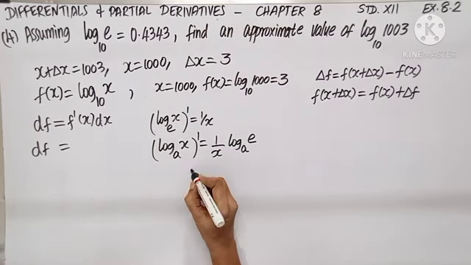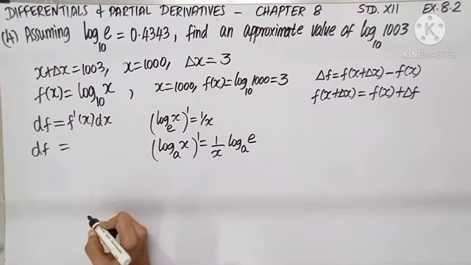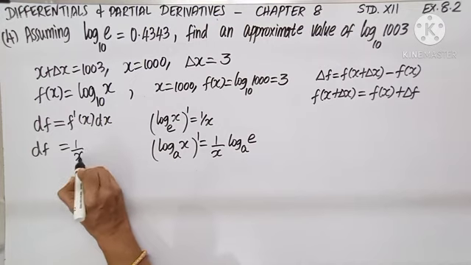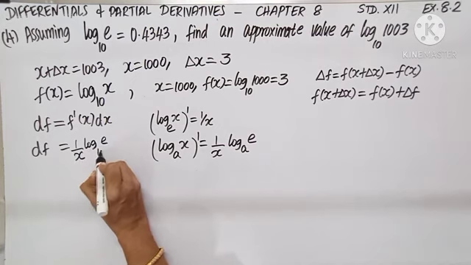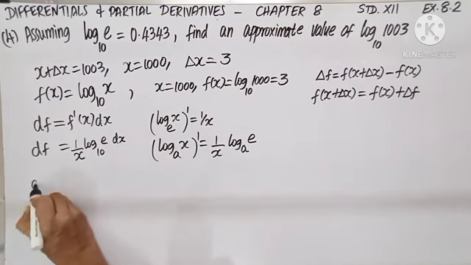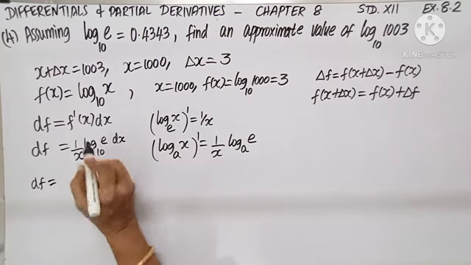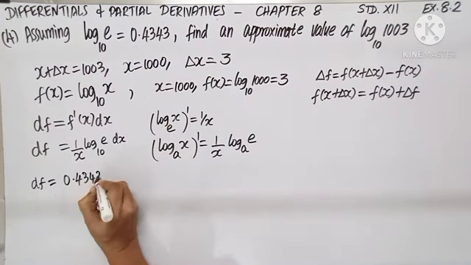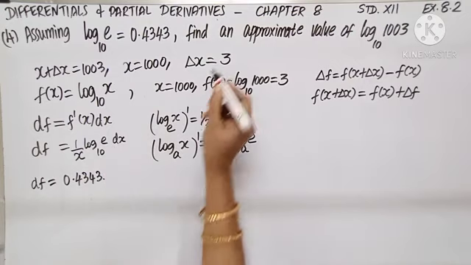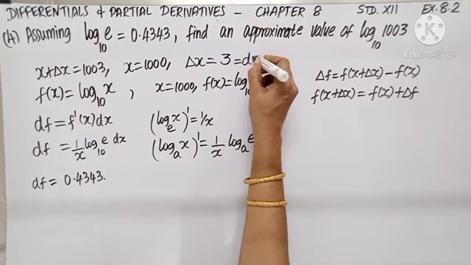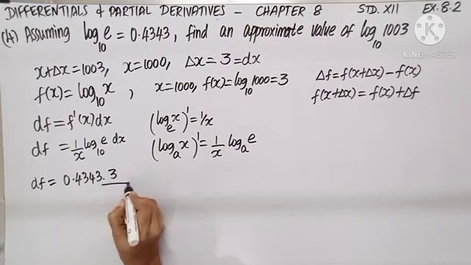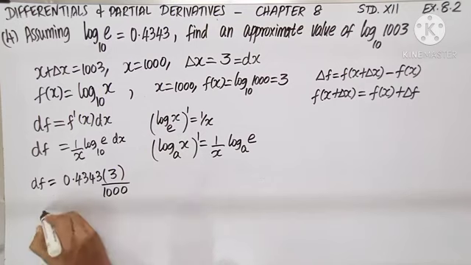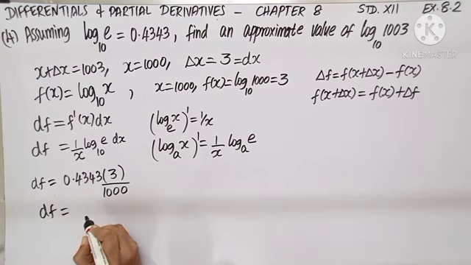In this question, base a is 10. So, f dash of x, log x will become 1 by x log e base 10 into dx. In this question, they have given what is log e base 10, 0.4343. What is dx? It is nothing but del x only. So 3 divided by, what is x given in the question? 1000. Let me simplify. What is df?